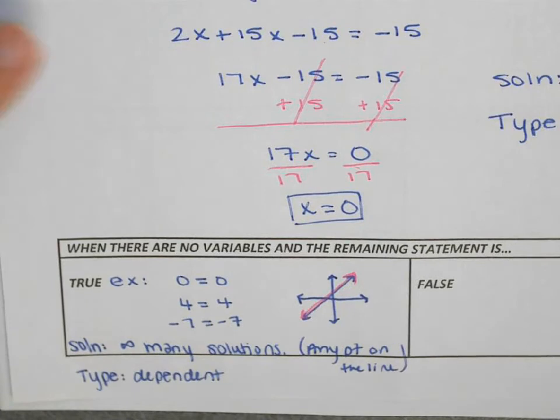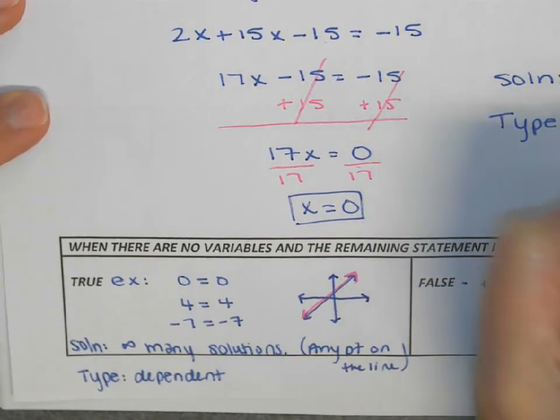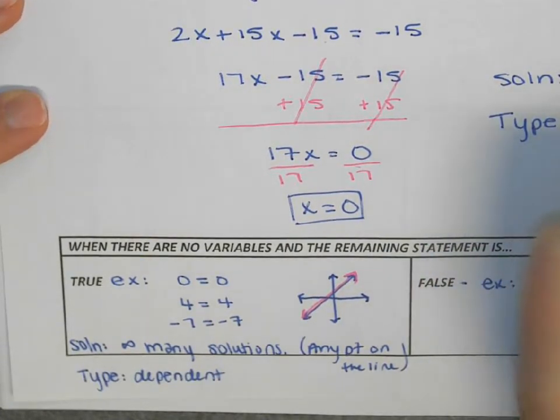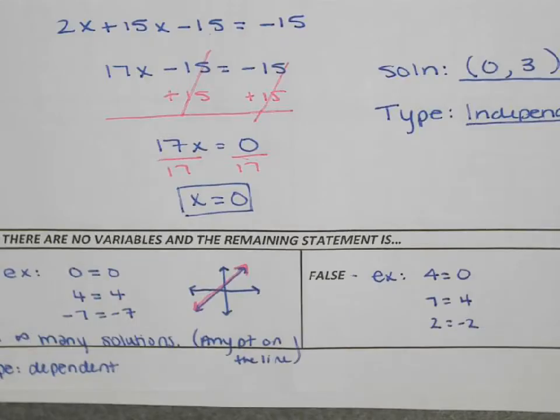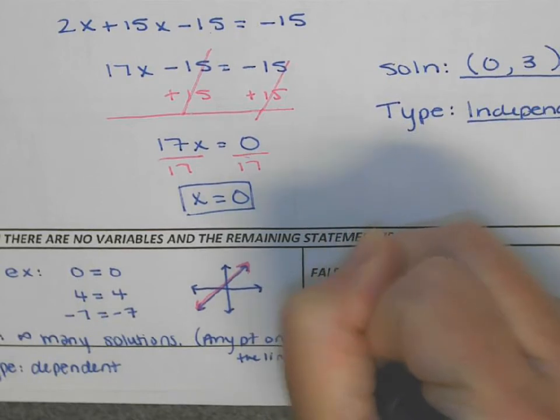Okay? So if it's false, then this example might look like 4 equals 0, or 7 equals 4, or 2 equals -2. All of those are false statements. Okay? So what would our solution be here?